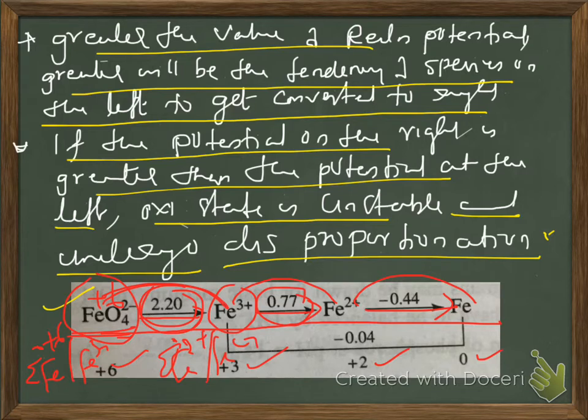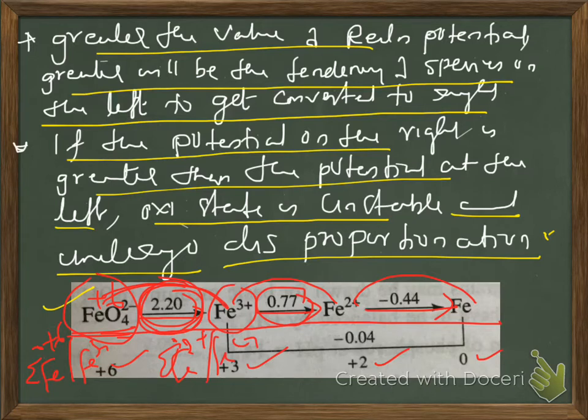It is a highly spontaneous reaction because of high reduction potential. This 2.2 is considered a significant and high value of reduction potential. That means Fe+6 can easily accept 3 electrons and get reduced to Fe3+.